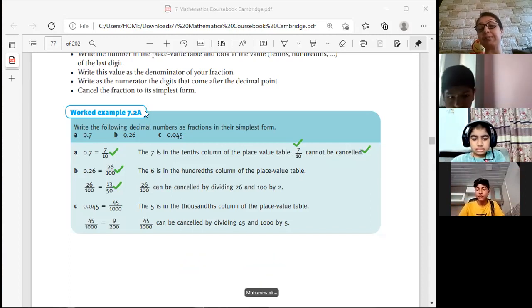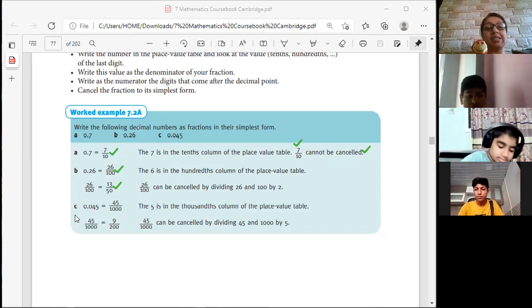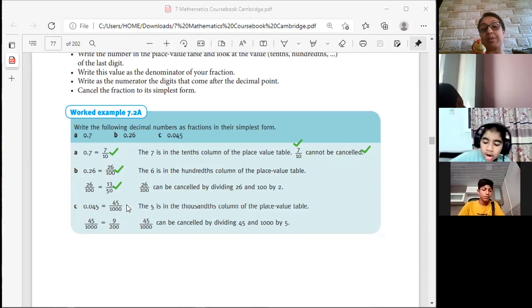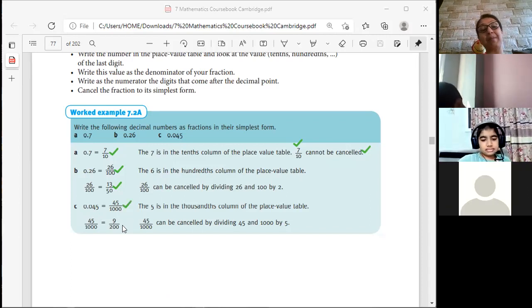Is it very clear? Yes. Okay. 0.045 will be 45 upon 1000. 45 upon 1000 can be reduced to 9 upon 200, and that is why we will write the answer as 9 upon 200.